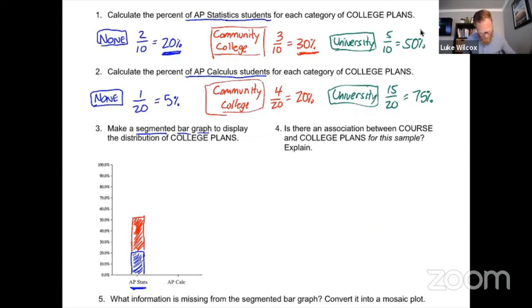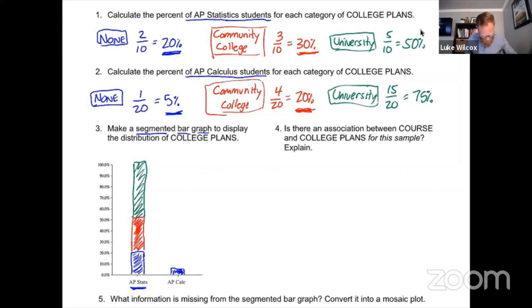And that last 50% is going to take me all the way to the top here, 100%. That is going to be those planning to go to the university. Now that's AP Statistics. Now let's do the same thing for the AP Calculus students. So 5% with no college plans, and 20% planning to go to community college.